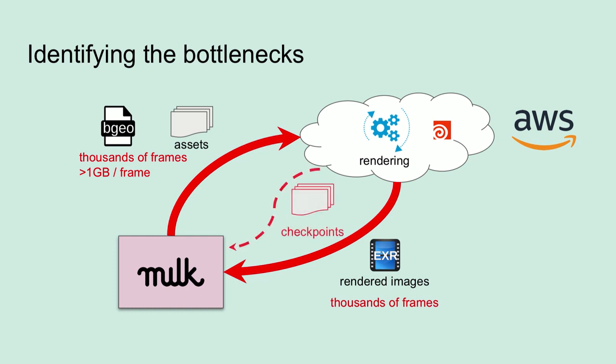One thing we didn't think about at the beginning is that because we were using checkpoints for interruptible nodes, especially in Mantra, the checkpoint files are quite huge, and Mantra is constantly writing into them. With our shared file system approach, these files would constantly get synced back to our on-prem server.